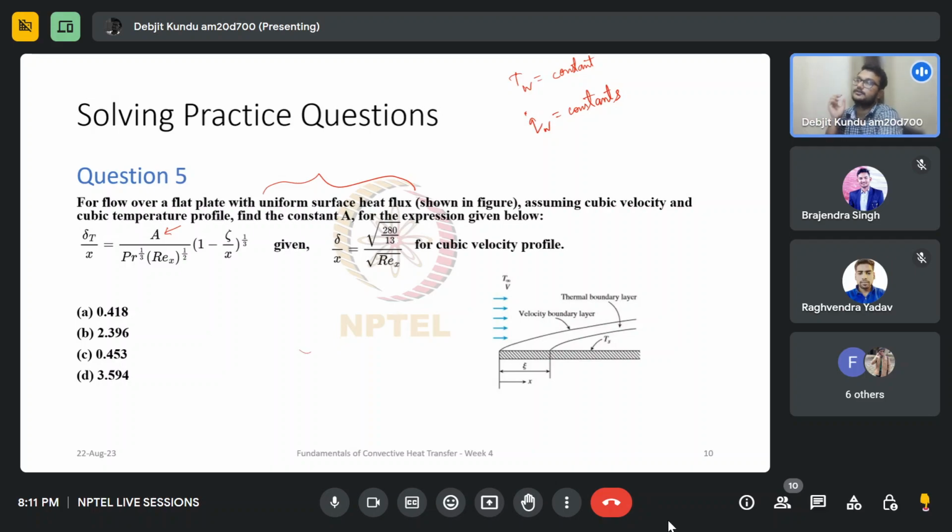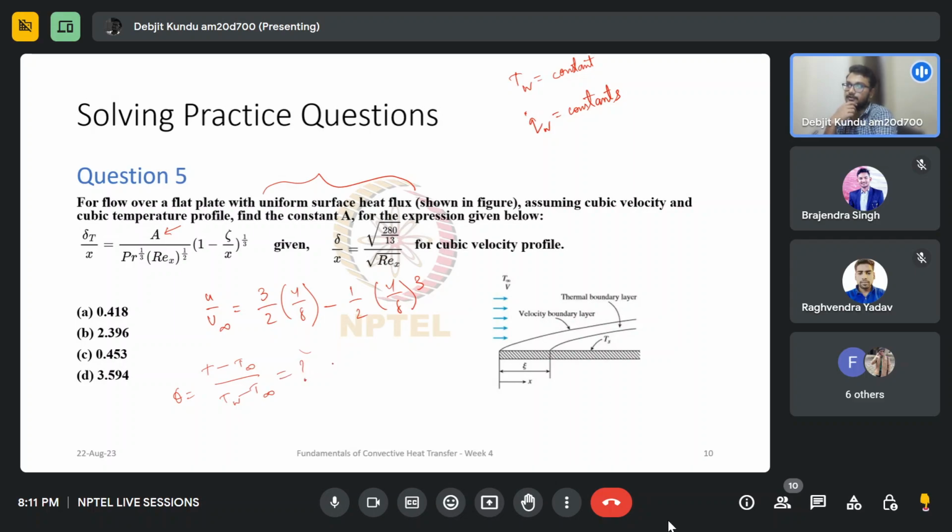So the cubic velocity profile would simplify down to something like what we did in the previous question: 3 by 2 y by delta minus half of y by delta cubed. Now a similar profile for theta, which is T minus T infinity by TW minus T infinity.